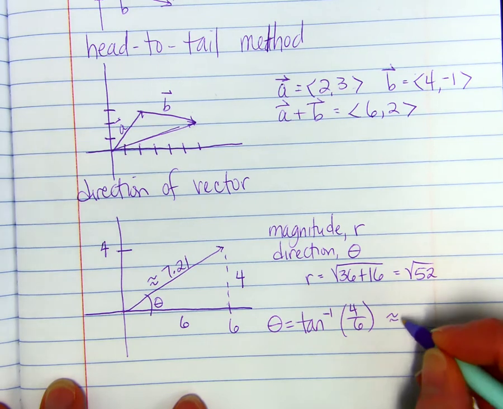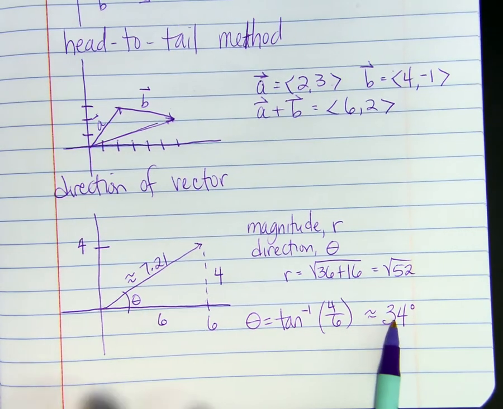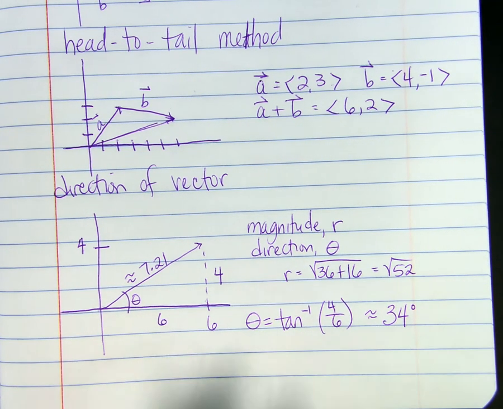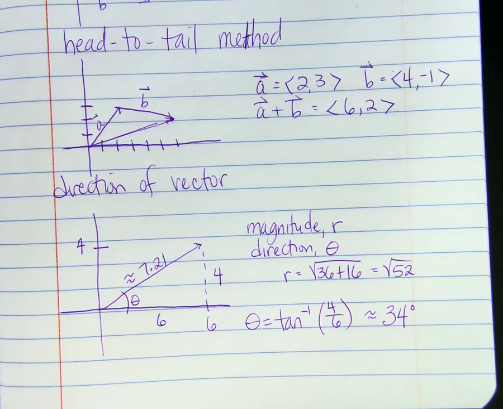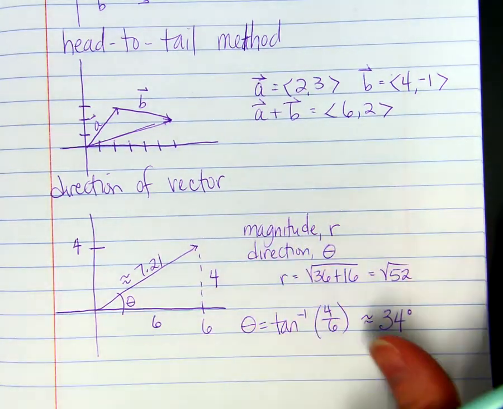And that would be approximately 34 degrees. So if I know the magnitude and direction, I can actually draw the vector without knowing the points. So I'm going to give you some examples of problems like you're going to have here.